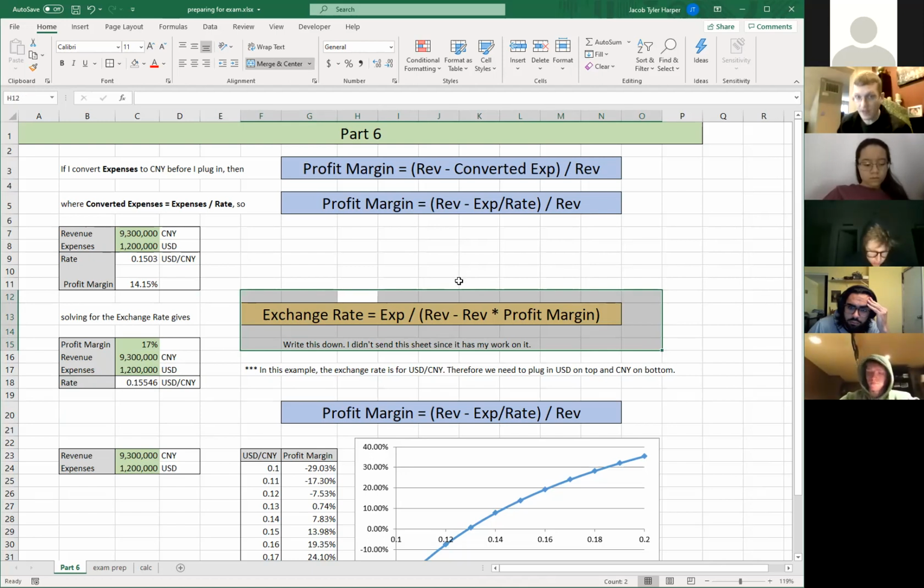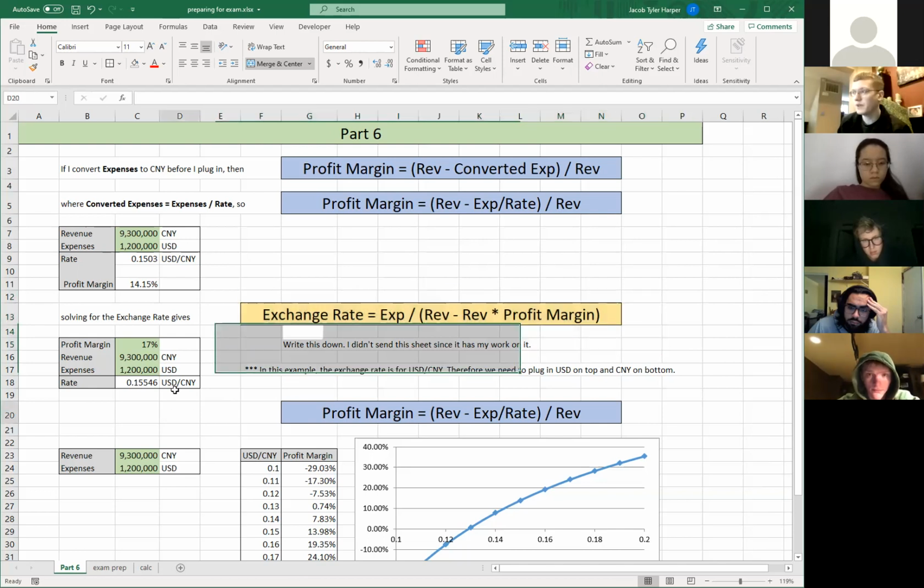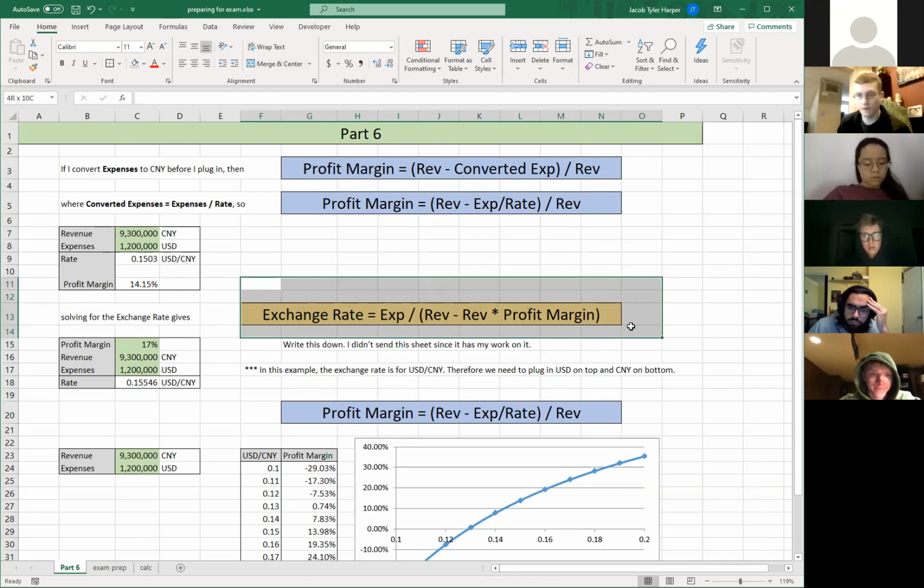Unlike question 1, you are not converting everything. You need dollars on top and CNY on the bottom to make these units work out. Also, you can't convert because we're solving for the conversion rate. So do not try to convert stuff for this type of problem. It's going to lead you to a mistake.